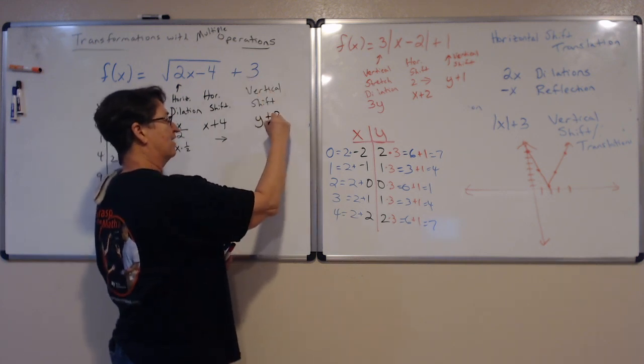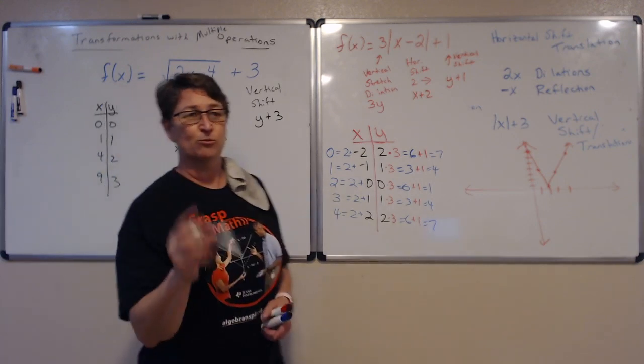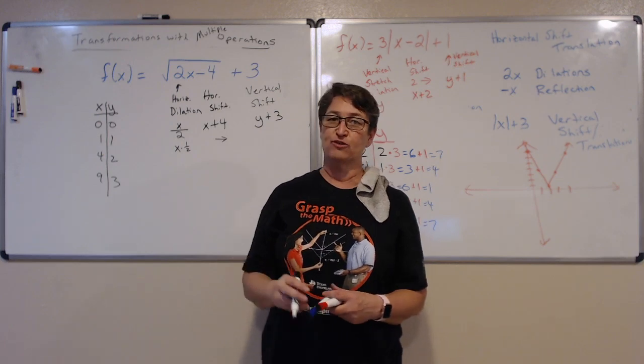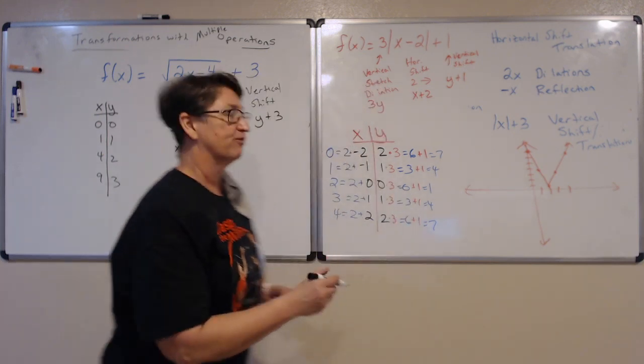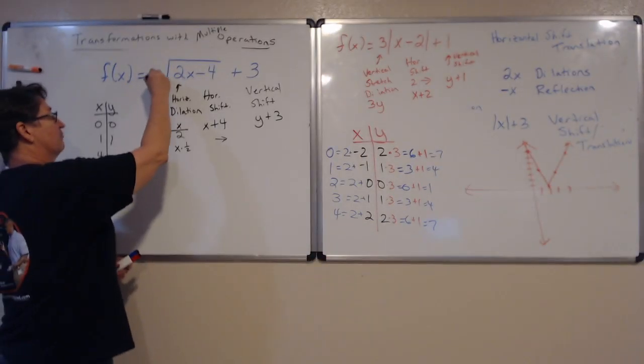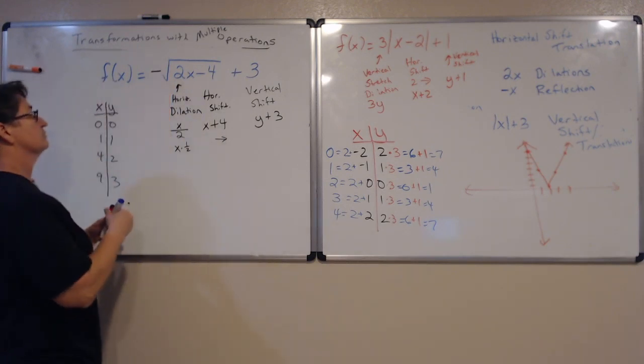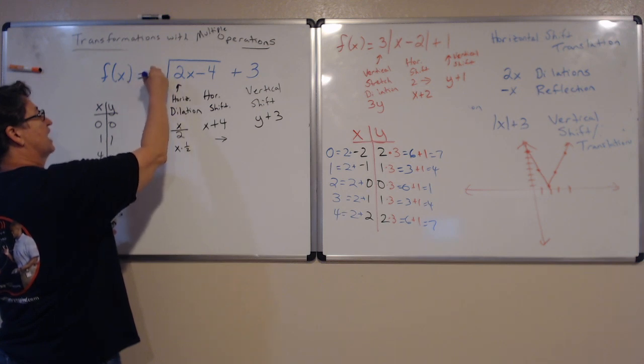So we're just going to add 3. Let's add one more thing to this, just so I can show you I haven't shown you a reflection yet. So let me do the reflection too. Let's put this minus out front here. That reflection out front also. So stick a negative out front.